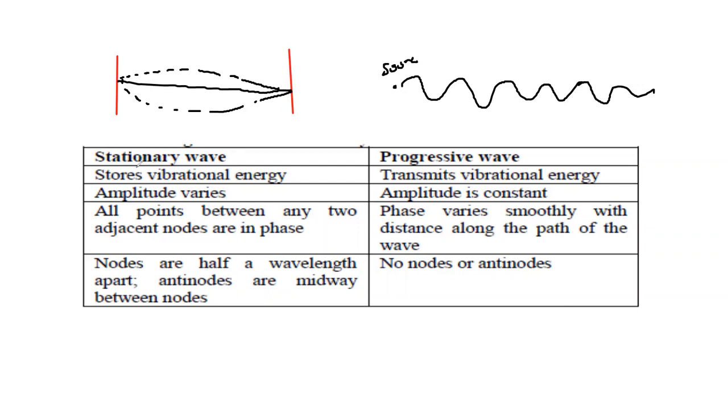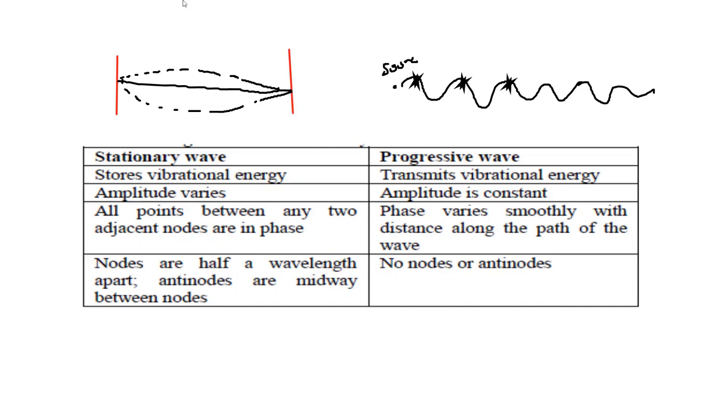For a stationary wave, the amplitude varies. You can see at the center it has a maximum amplitude, but near the end it has the minimum amplitude. For a progressive wave, the amplitude is constant, because amplitude means the maximum displacement from mean position, and here it is the same for all the points.